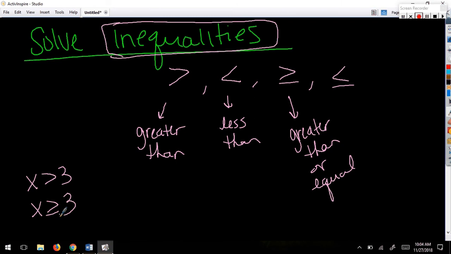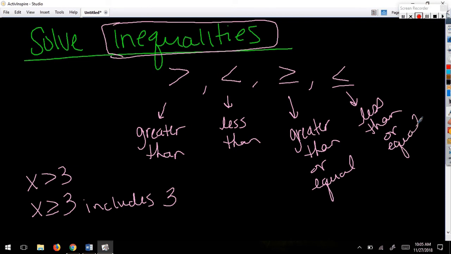X might be equal to 3 or greater. That's right, it includes 3 here. So 3 or bigger, whereas the first one is just bigger than 3. 3 is not included. Which means this one is less than or equal to.